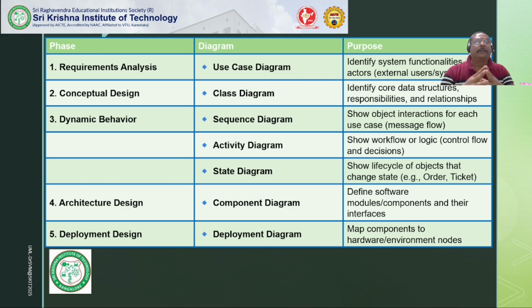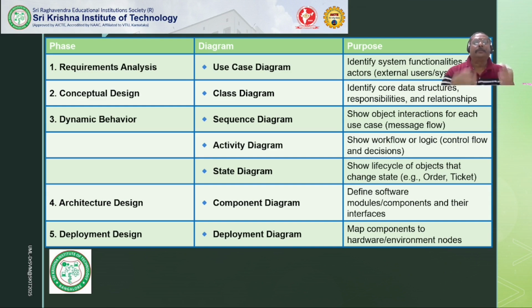So the whole thing begins with the requirements and the requirement analysis. We do the requirement collection from the client and make the analysis of that, and that analysis you can keep on writing in text and in terms of essays, thousands of pages, but it doesn't make any sense. It has to be put in a concrete form. That is where the use case diagrams come to our aid. So here the use case diagram identifies the system functionalities, what all functions our system has to perform.